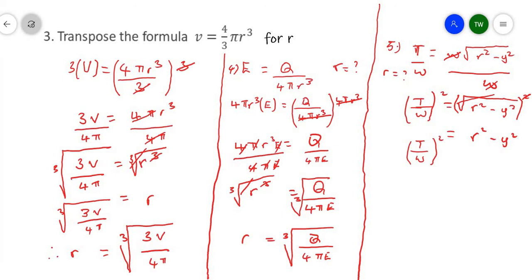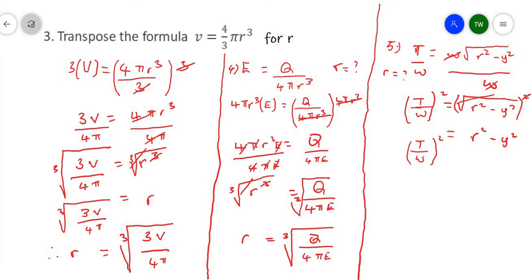Now, here, what is happening to R squared? We're subtracting Y squared, sorry. So we can transfer this Y squared to the other side of the formula by adding Y squared to both sides.